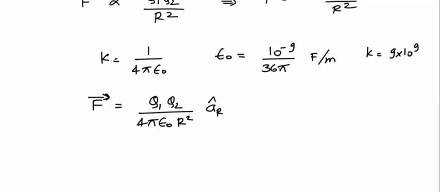This is the inverse of epsilon naught, so its unit will be meter per farad. Epsilon naught is given in farad per meter, whereas k is given in terms of meter per farad. Now the force vector is given by q1 q2 by 4 pi epsilon naught r square into ar vector, right?